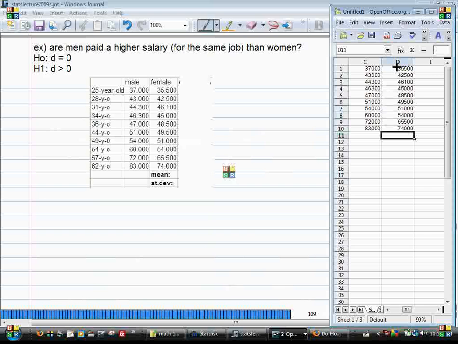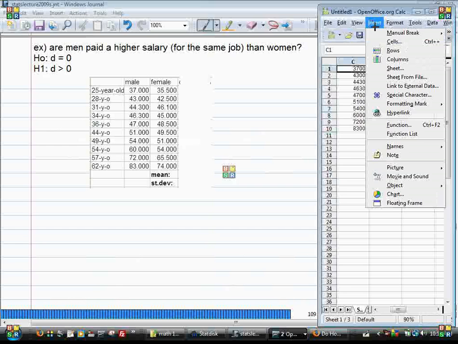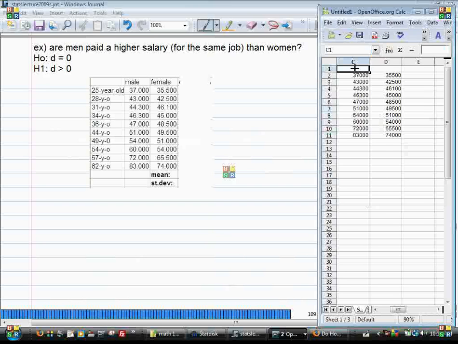Okay, so I've entered in the salaries for men, salaries for women. Let me show you how to do this using the spreadsheet. So what do we want? Let me insert a row here. So this is men, women, and what is it that we want to calculate?